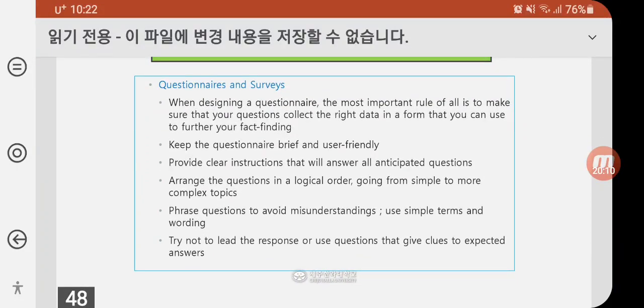Questionnaires and surveys. When designing a questionnaire, the most important rule of all is to make sure that your questions collect the right data in a form that you can use to further your fact-finding.